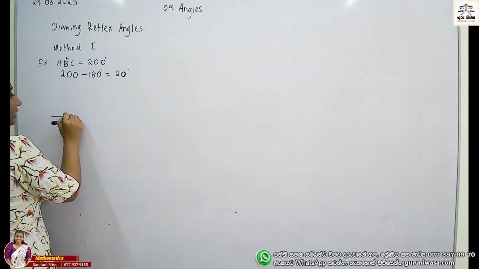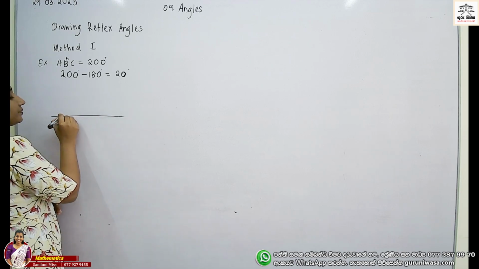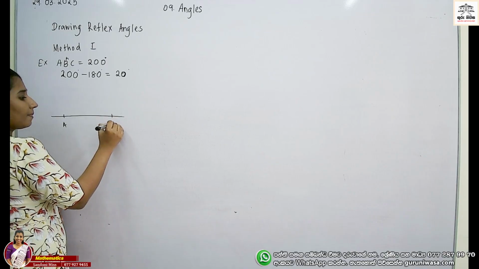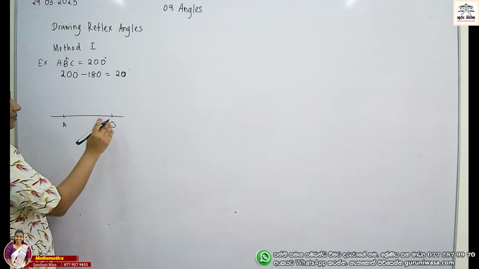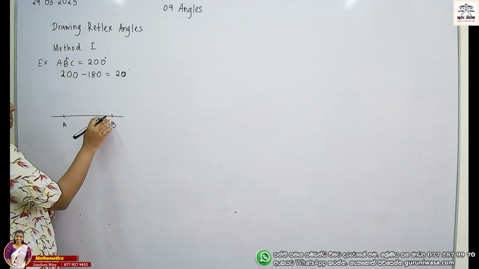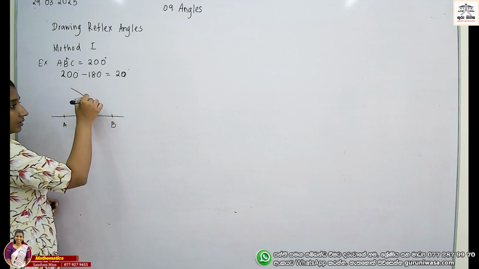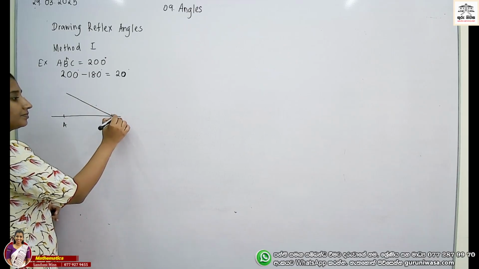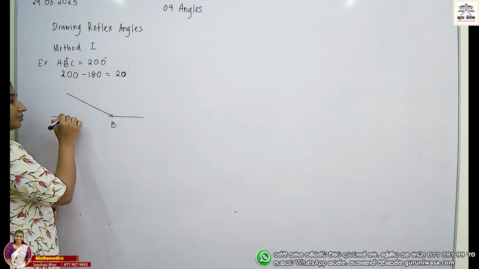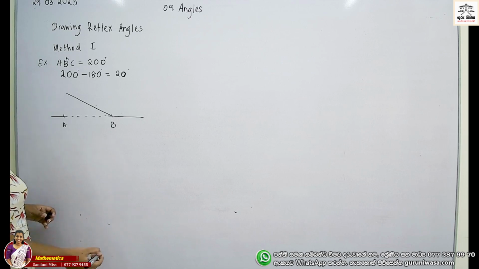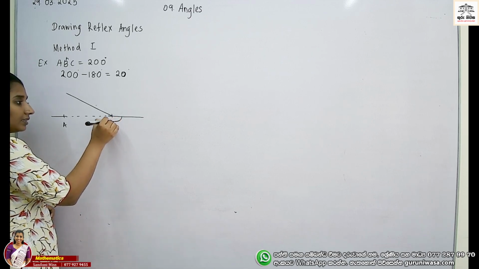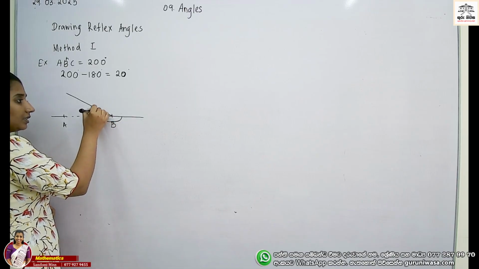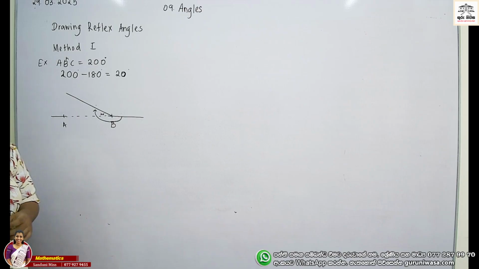So you can draw a straight line, keep the protractor, and then draw the 20 degrees. So this will be 20, no? This whole thing will be 180 plus 20, which is 200. This whole thing will be the reflex angle.